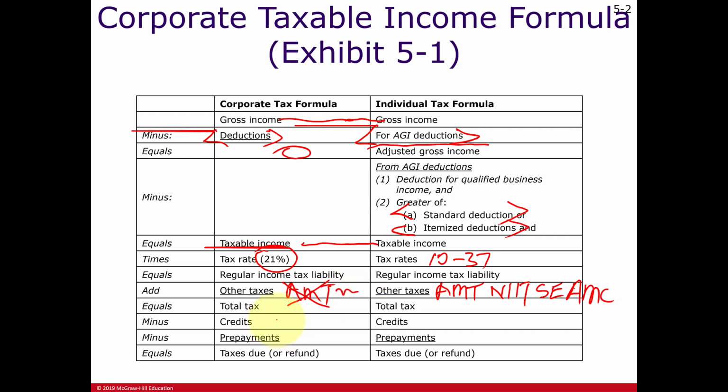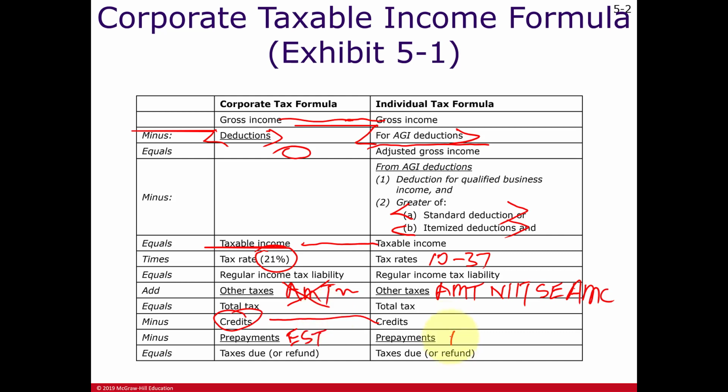We do have credits, and we'll see one credit in the case of a corporation at the end of Chapter 5. Prepayments, in the case of a corporation, they have to pay estimated taxes during the year, maybe more specifically by the 4 quarters.